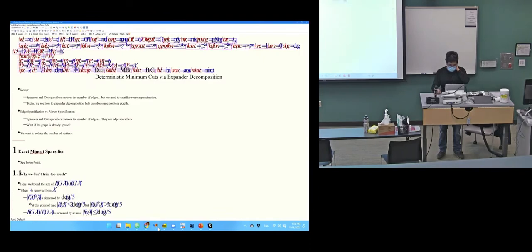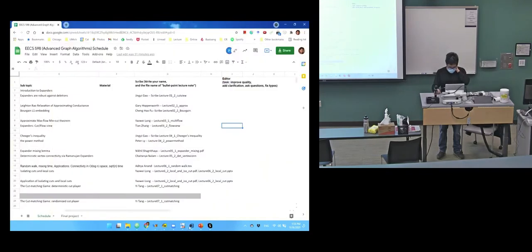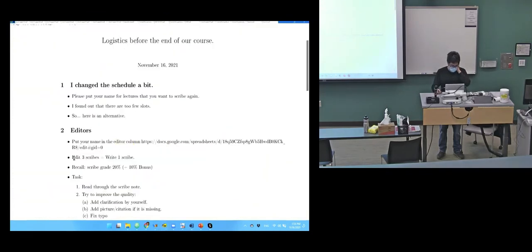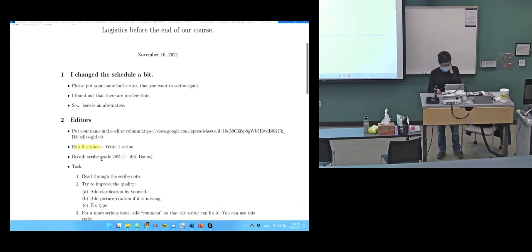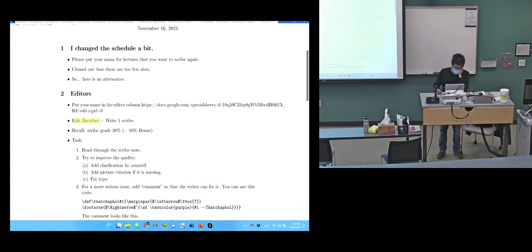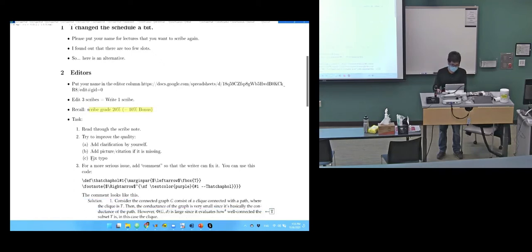And the task is basically simple. If you edit 3 scribes, then it's the same thing as writing 1 scribe, and the grading is still the same. If you don't have your own slot for writing a scribe, you can edit instead.